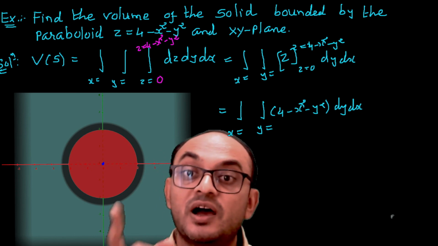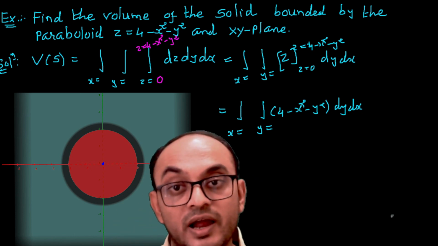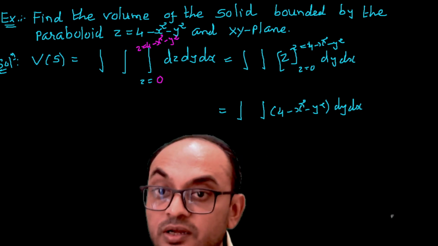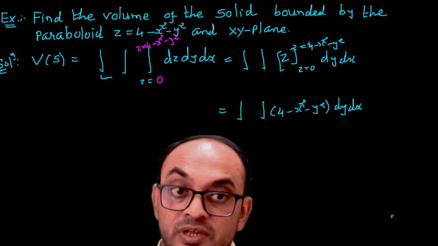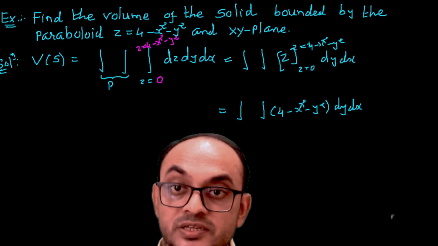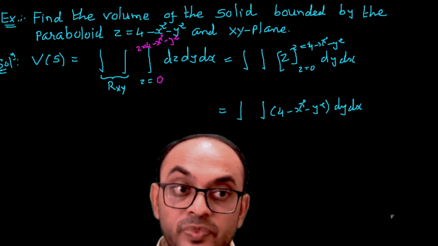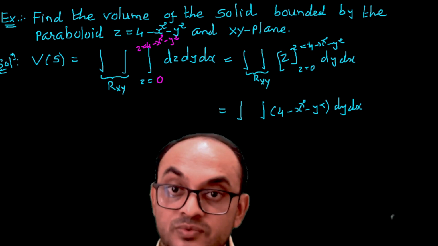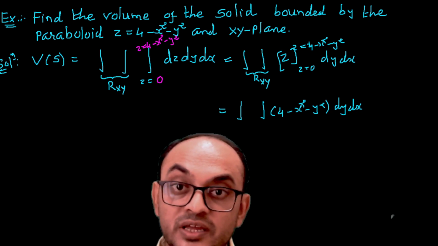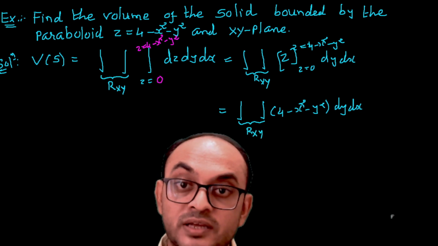Now the question is how we write these in terms of r and theta. So here I make this change: for these two integrals, my region lies on the xy plane, so I write my region on the xy plane, and the same thing will continue here.